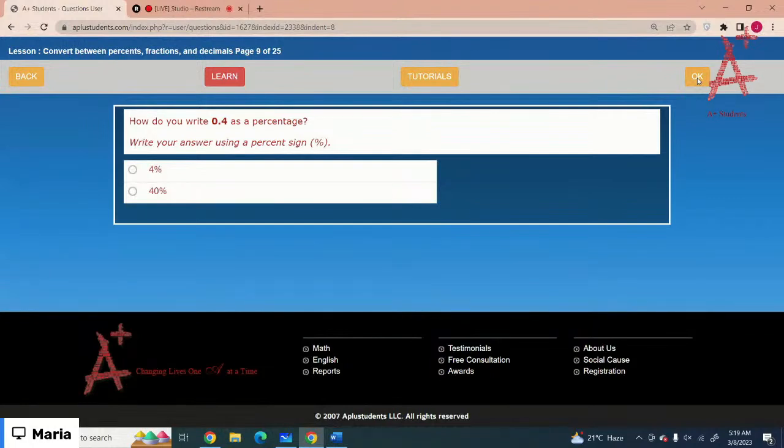Okay, the next one is how do you write 0.4 as a percentage? So, which is the correct option? 0.4 times 100 is 40%.